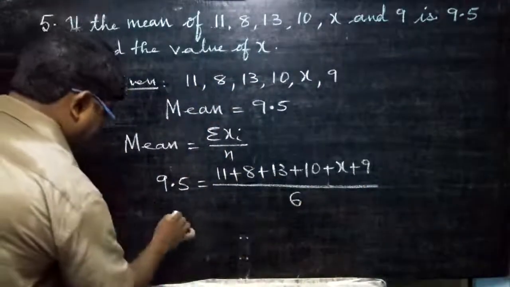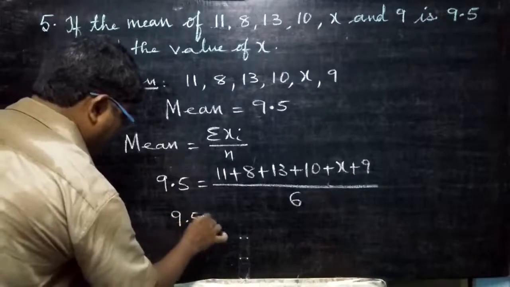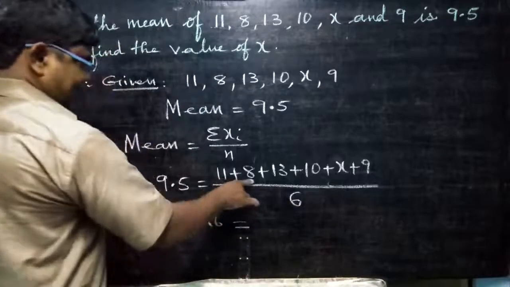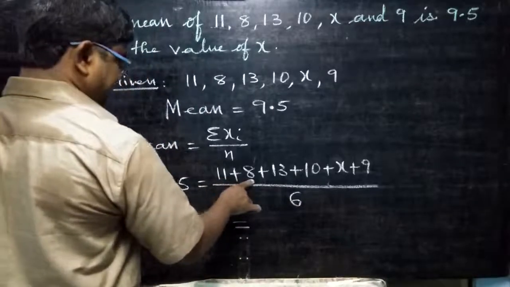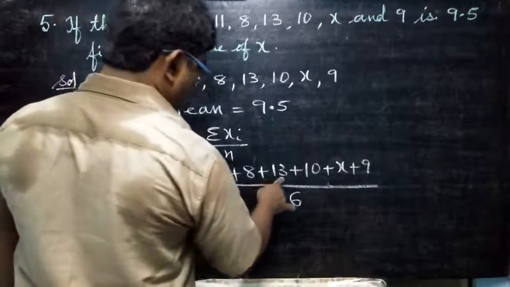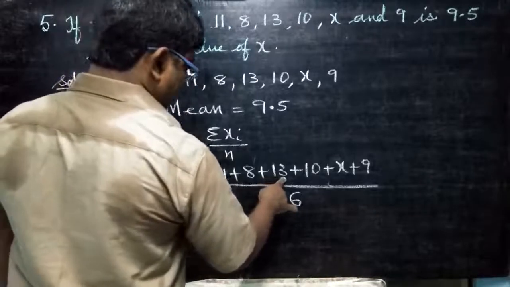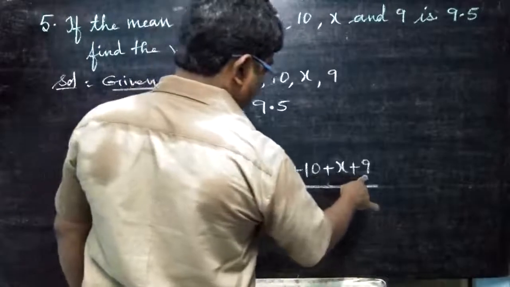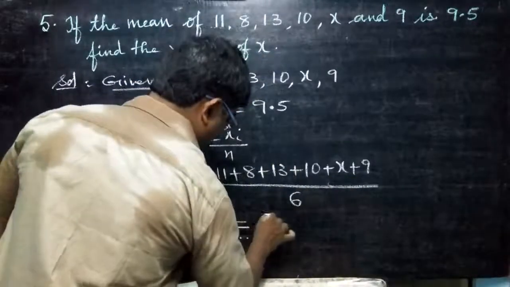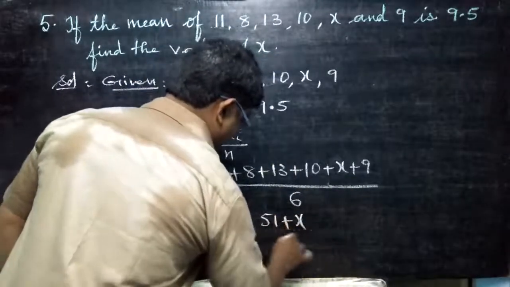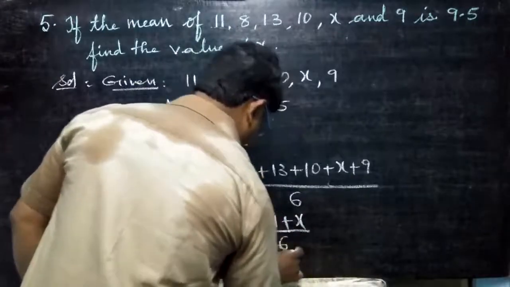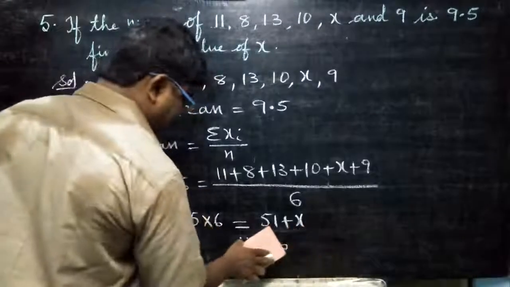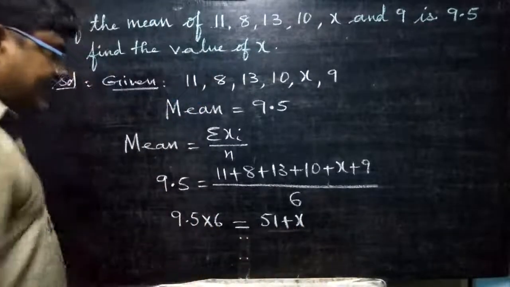Do cross multiplication. 9.5 into 6 is equal to: 11 plus 8 is 19, 29, 29 plus 3 is 32, 42, and 51. 51 plus x. We have already cross multiplied, so no need to write by 6 again.